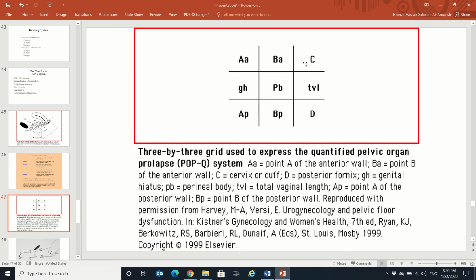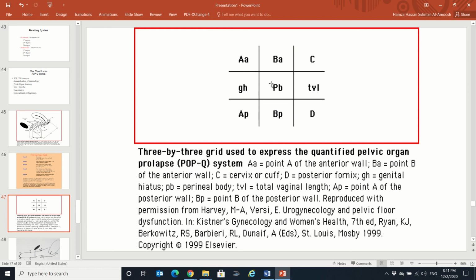Okay. C point describes the cervix, so it gives you an idea about uterine prolapse. It should be, we said, -7 or above. If it's less than that, then you have prolapse. The middle row is anatomical measurements of landmarks. So this is always plus. There's no minus in this because this is genital hiatus, the opening of the vagina.